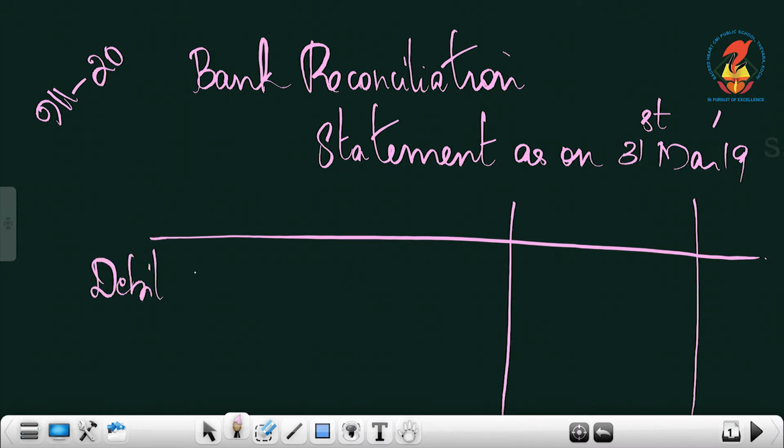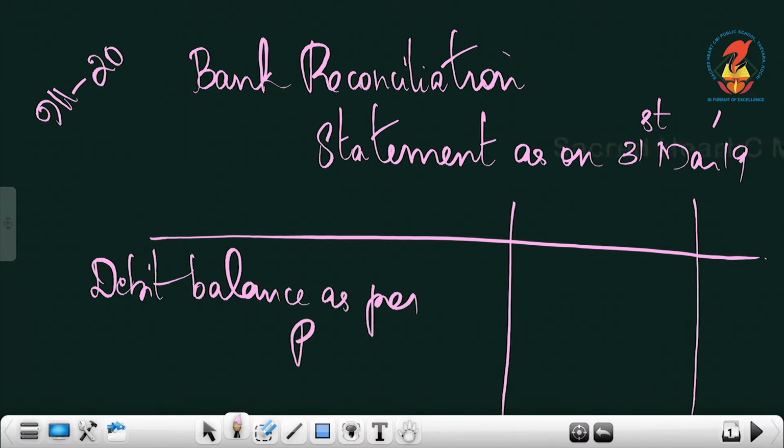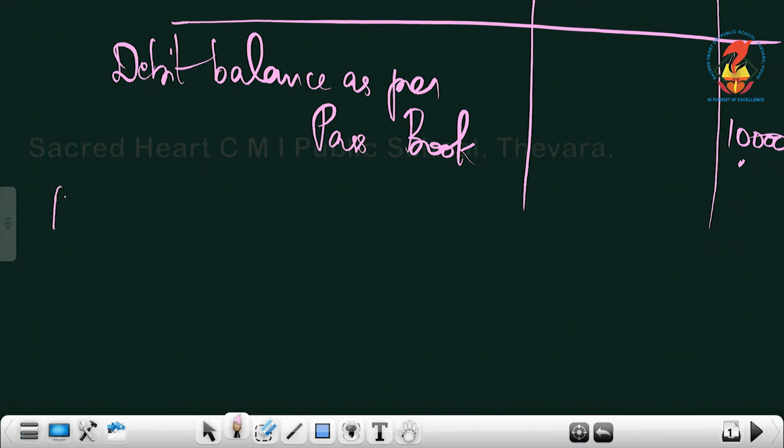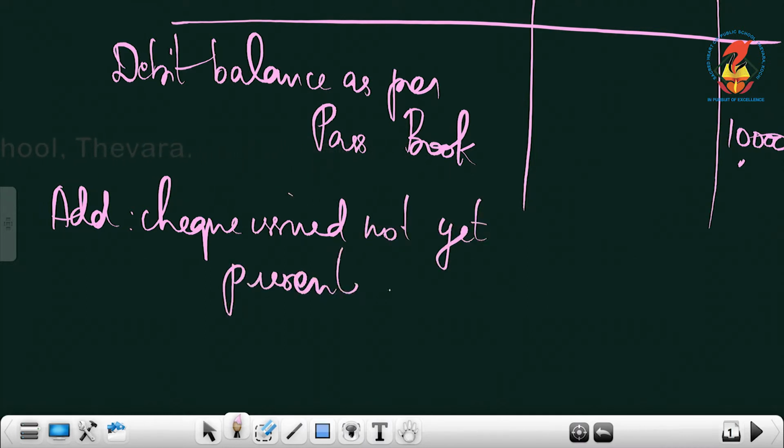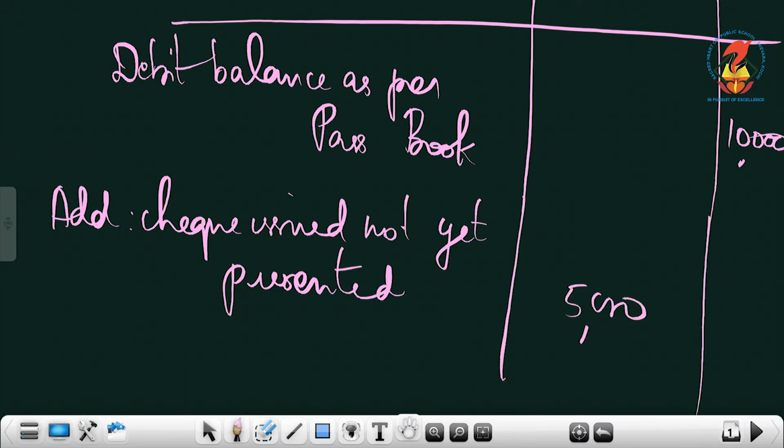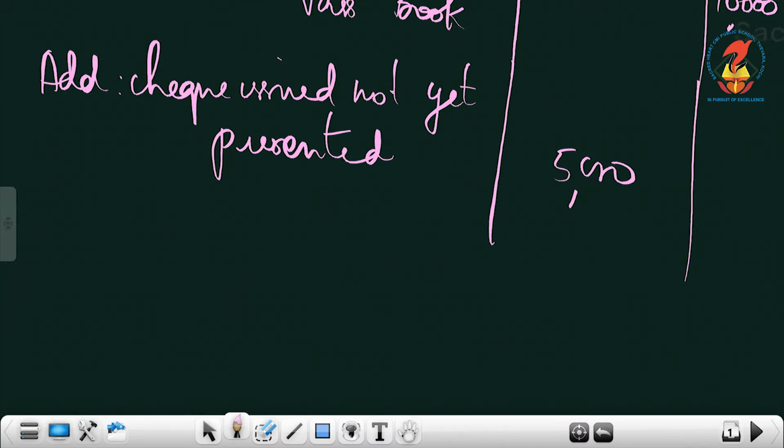Then we are starting here with debit balance as per passbook. The amount is 10,000. First item to be added, that is check issued, not yet presented. Amount, write very carefully. It is 5,000 that was not presented. It was presented but only in April.